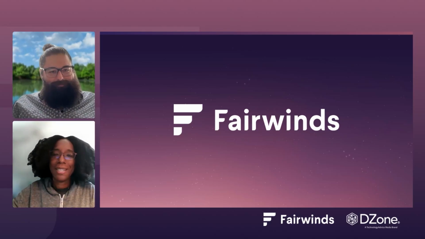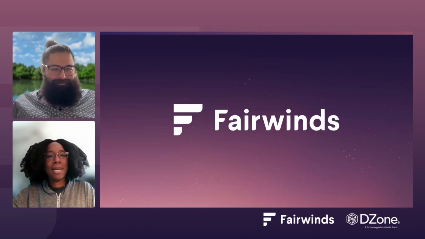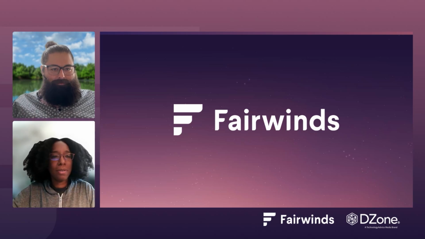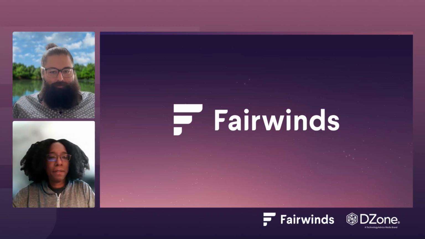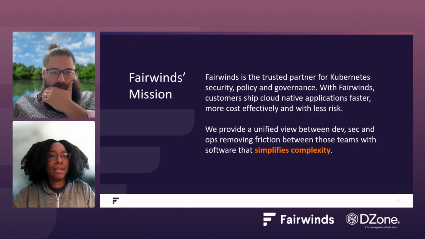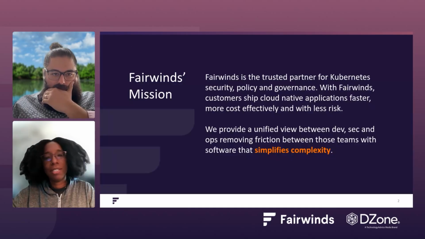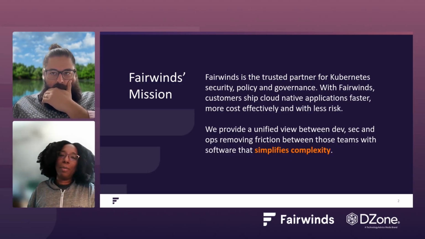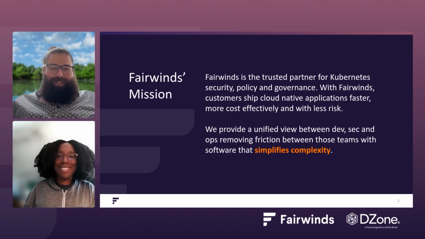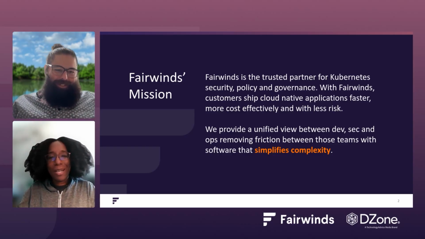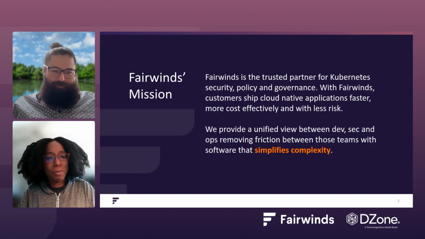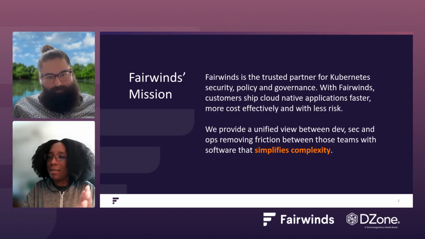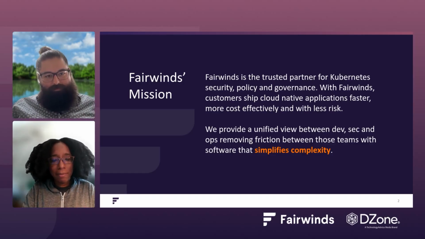Awesome, thank you. It's great to be here. As Caleb said, we are from Fairwinds. That's our company. And on our next slide, I'll tell you about our company mission. I do not believe in reading slides out loud to people, so I'll just summarize: we are a company that helps people become more efficient with their Kubernetes infrastructure.